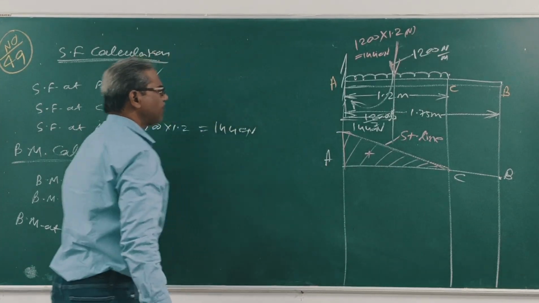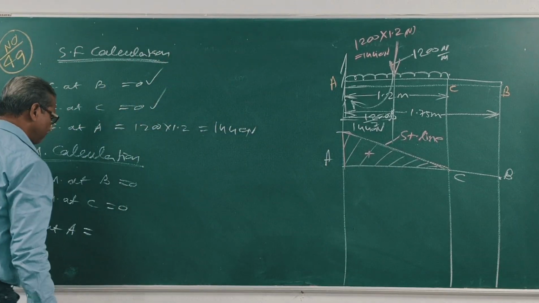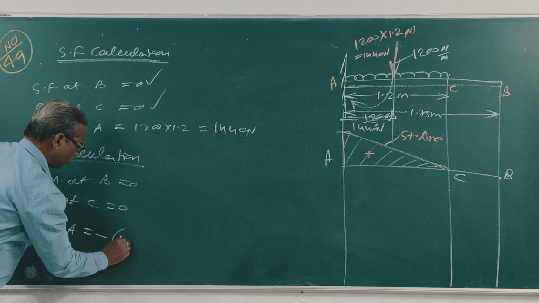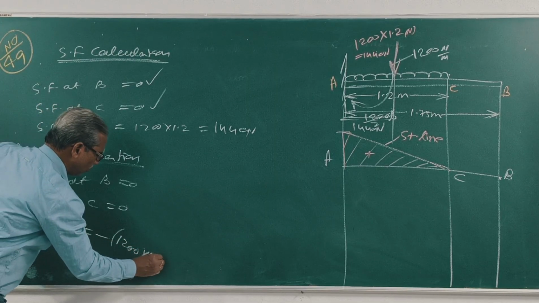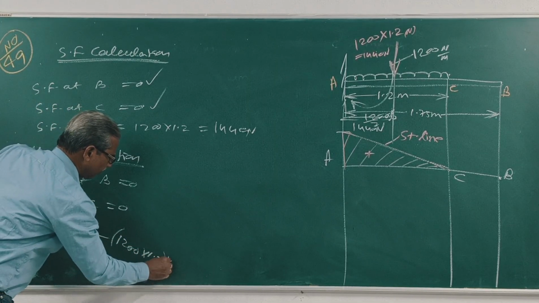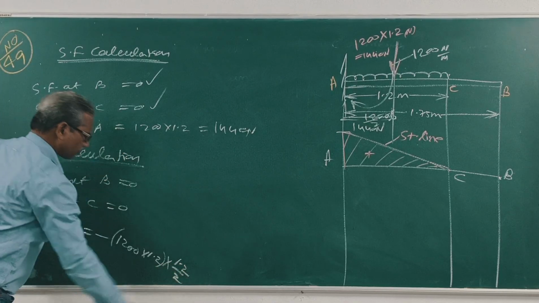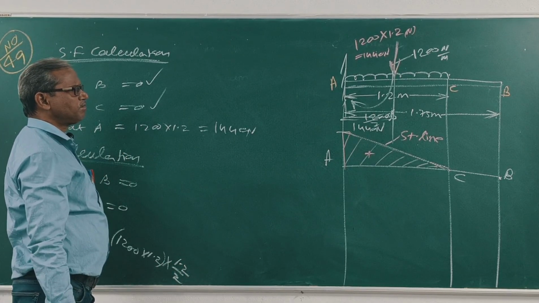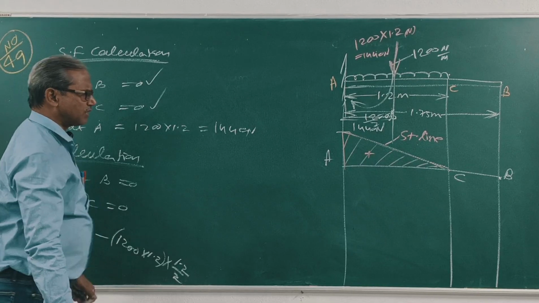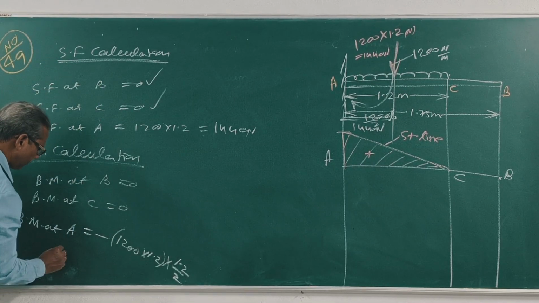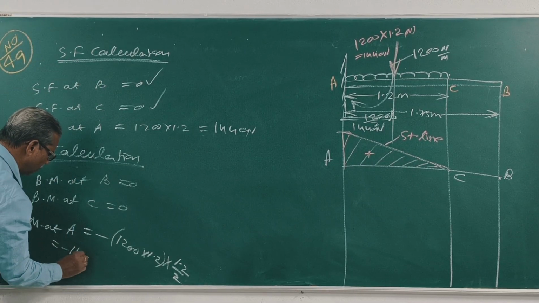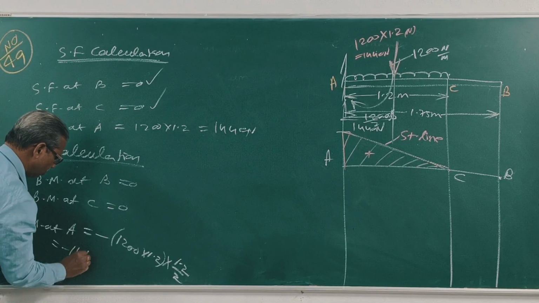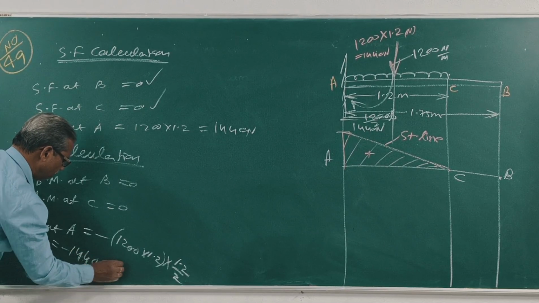Clear? This is minus 1200 into 1.2 into 1.2 by 2, that is, w into L into L by 2. This is minus 1440 into 0.6.